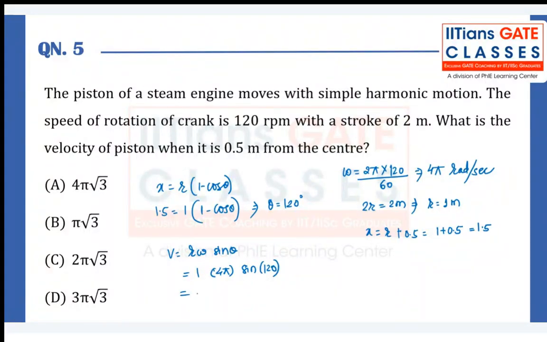And the total answer in this case will be 2 pi into root 3, because this 2 will get cancelled. So you can cancel it out and write it as 2 pi under root 3. Hence the option C is correct in this case.